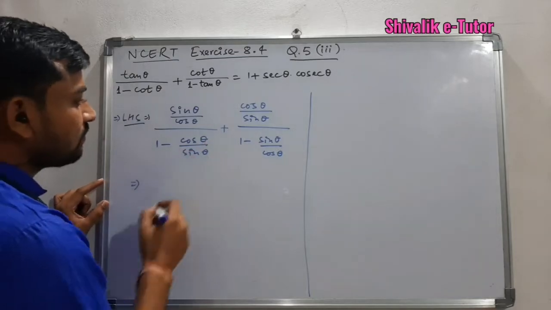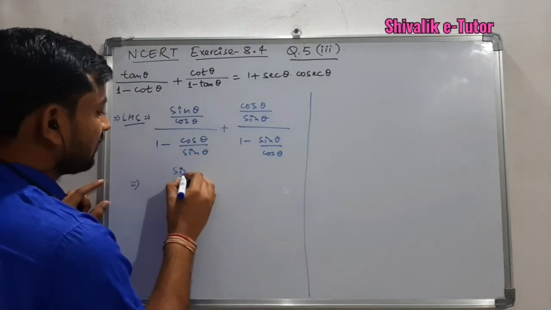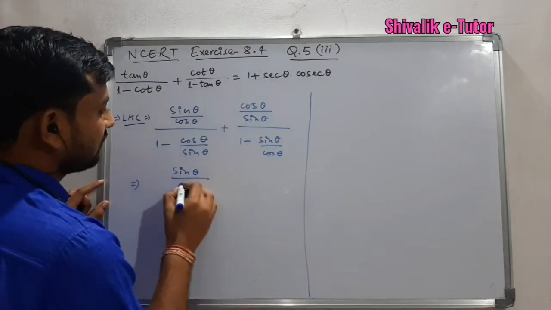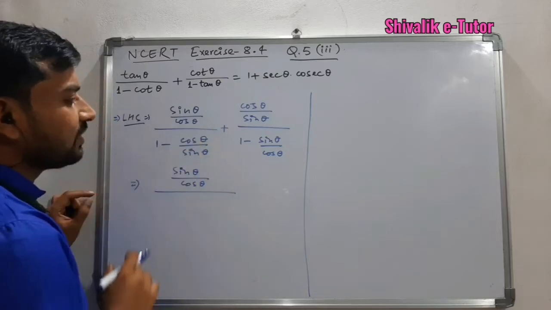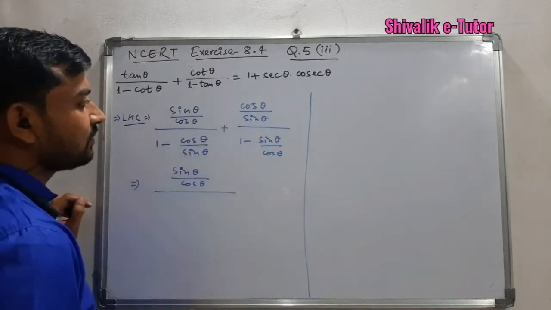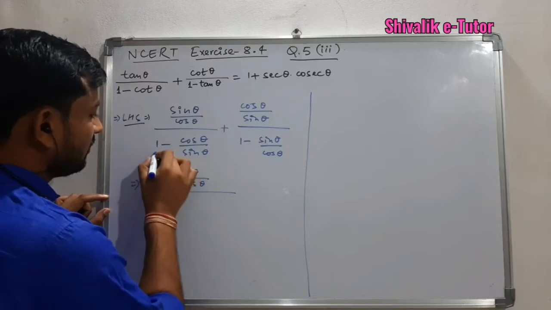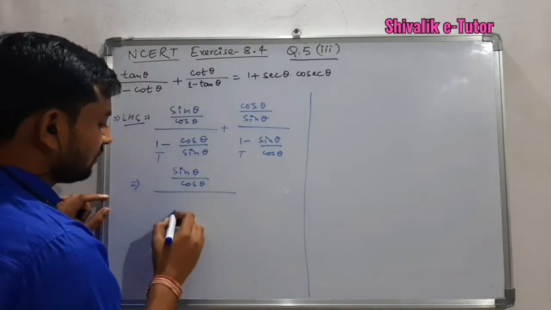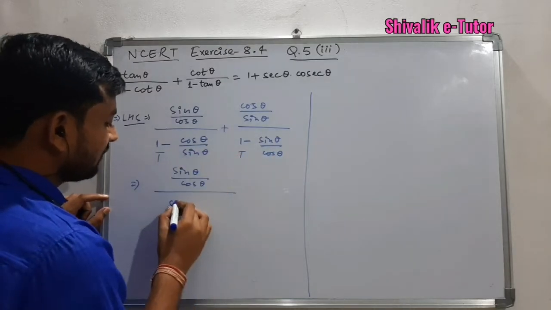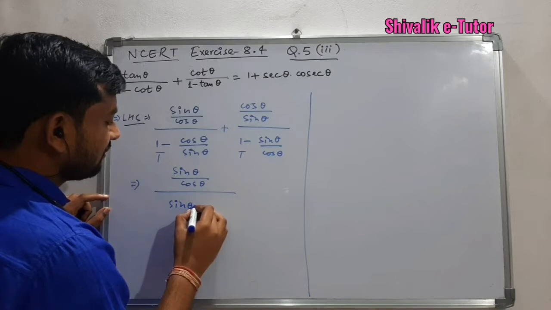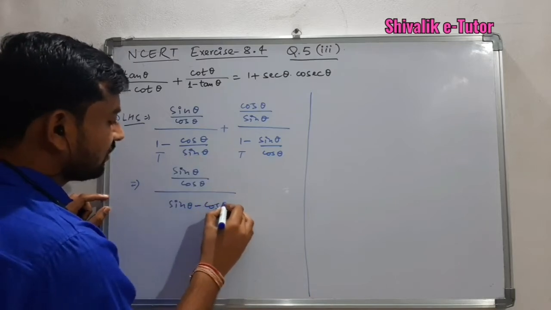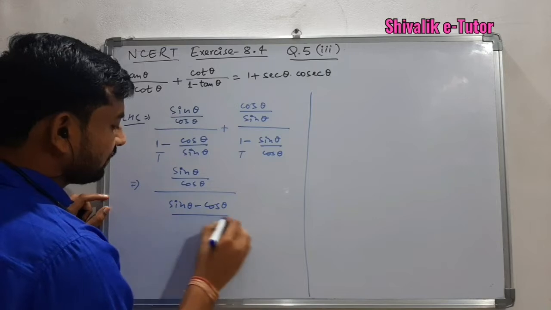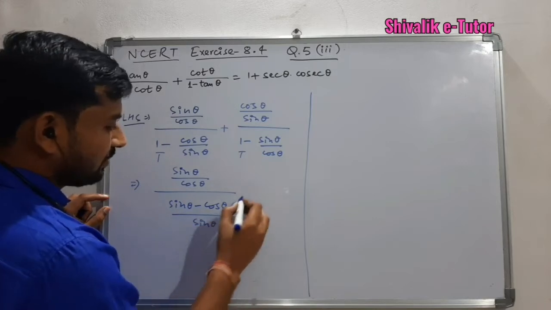Now look at this LHS, sin theta upon cos theta. In the denominator of this part of the LHS, if we take the LCM in these two things, we will get sin theta minus cos theta upon sin theta.